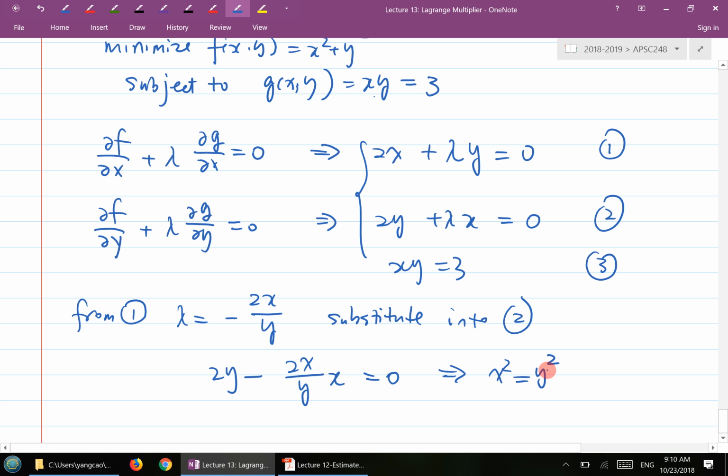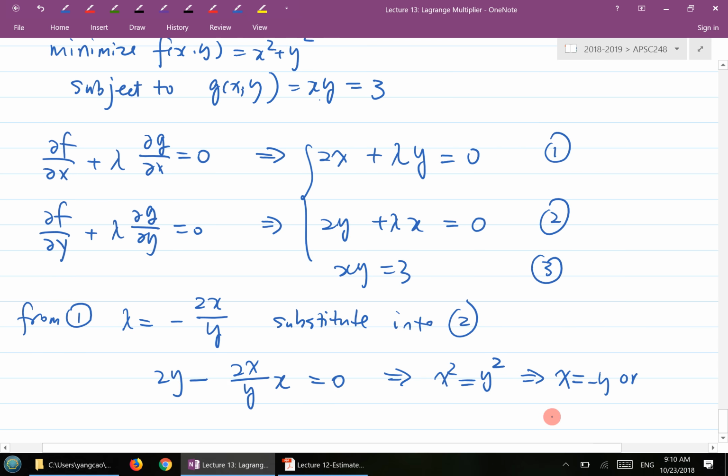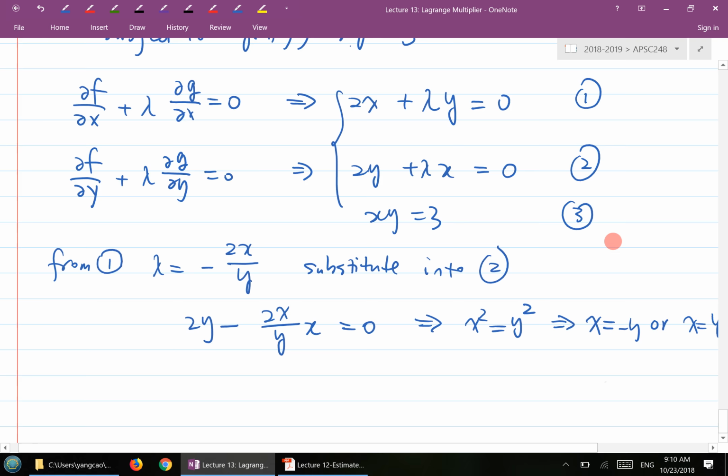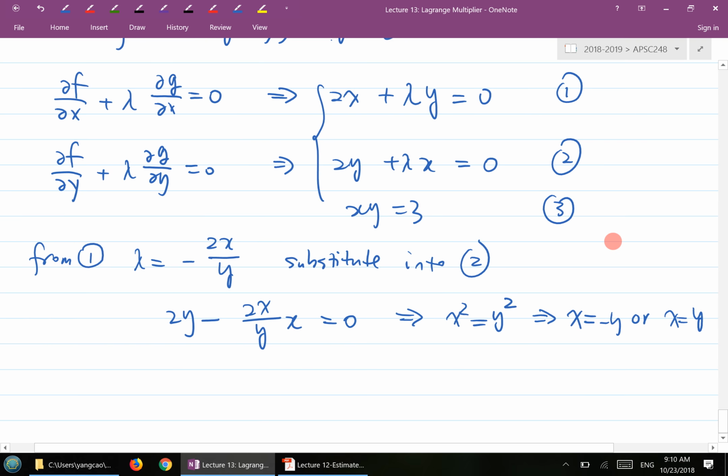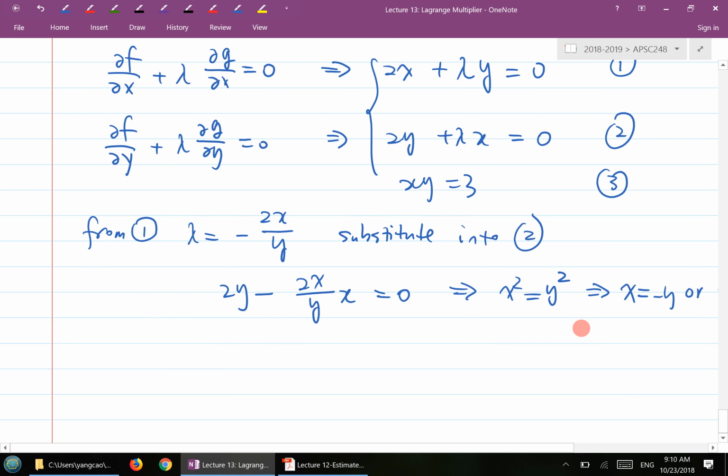So x squared equal to y squared mathematically means what? x equal to negative y or x equal to positive y. Okay, so we don't have a solution yet, but we've got a relationship between x and y. Now let's try either one of the cases.